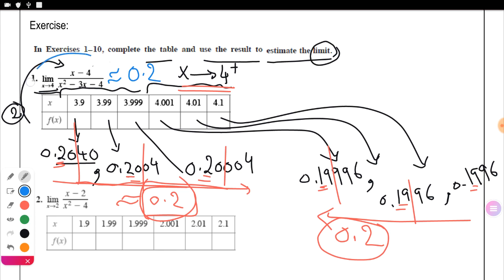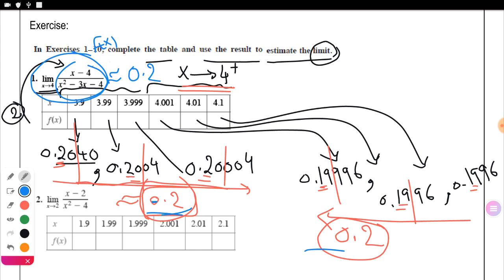That is the meaning of this. f(x), this is my function, approaches which value of y as x approaches 4? If f(x) approaches the same value as x approaches from the right or from the left to a given value, the limit exists, as you see here, and the limit will be the same.